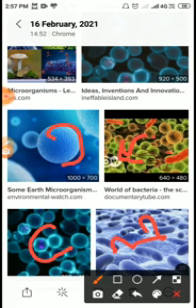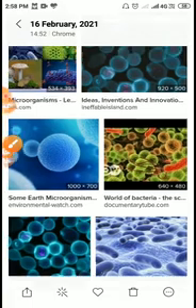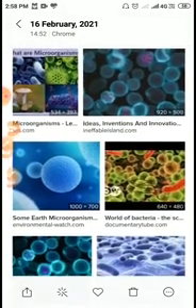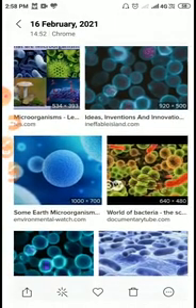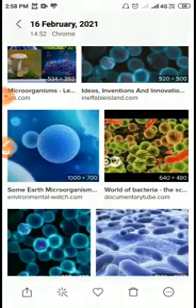Rod shape bacteria are called bacillus. Comma shape bacteria are called vibrio. And spiral shape bacteria are called spirillum. So these are the types of bacteria on the basis of their shape and size.